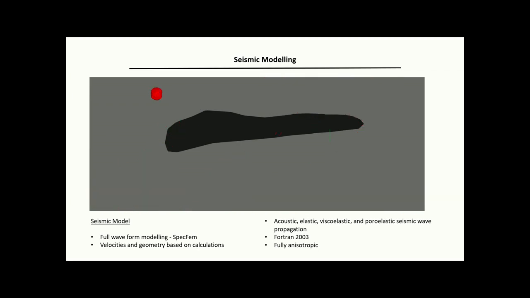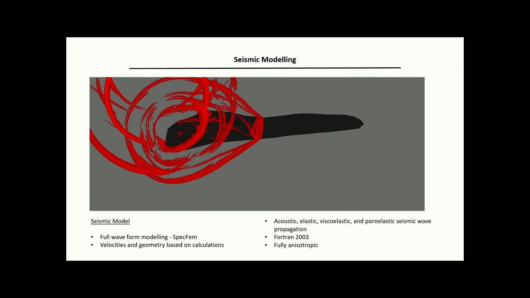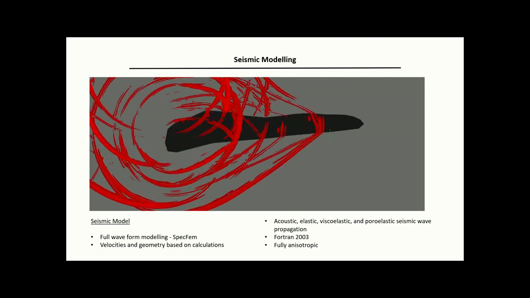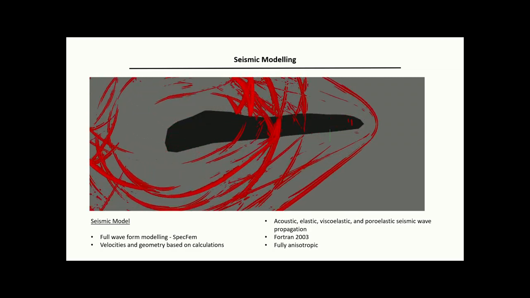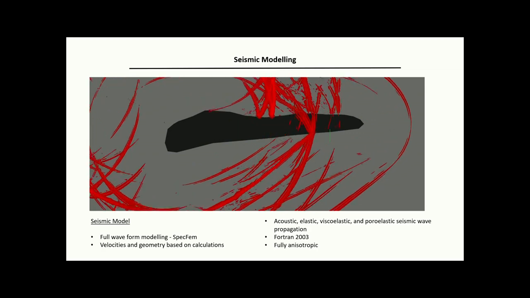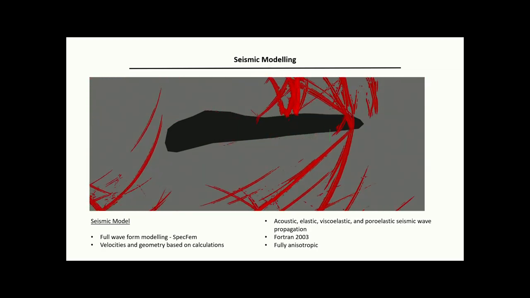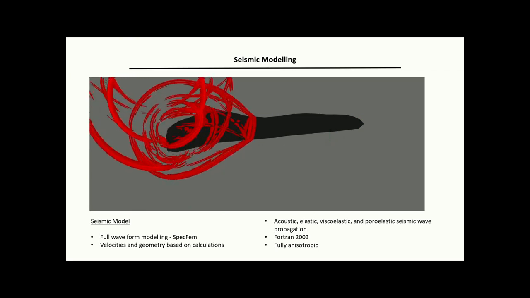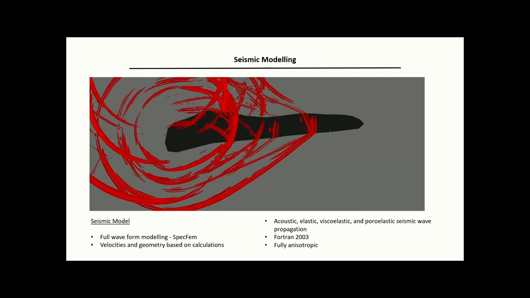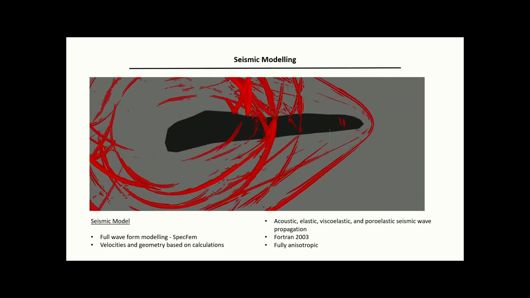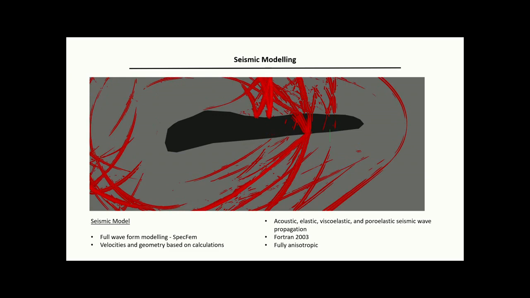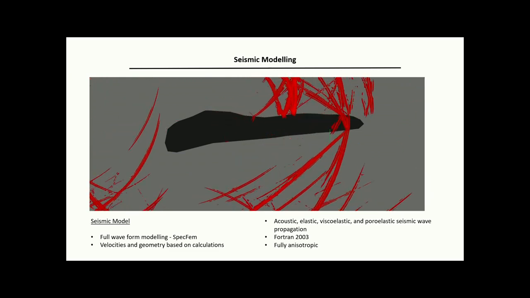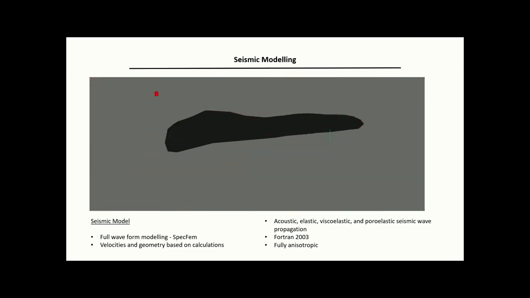The gray is just isotropic shale in our case, and the black is the salt body, where we inputted the seismic velocities as calculated with the plasticity models, with the effective elastic properties calculated with that.